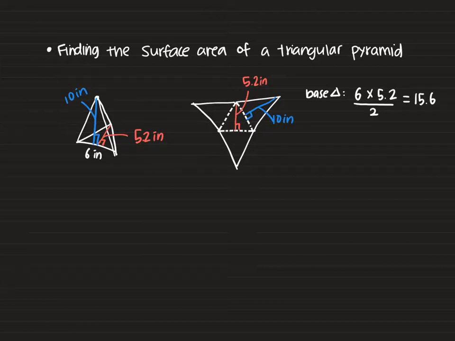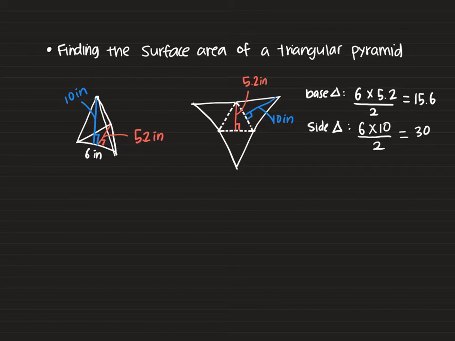And then I am going to move on to find the lateral sides. First, I'm going to start with one triangle. So I do 6, which is the base, times 10, which is the lateral height of the triangle, and then divided by 2. So 60 divided by 2 is 30.